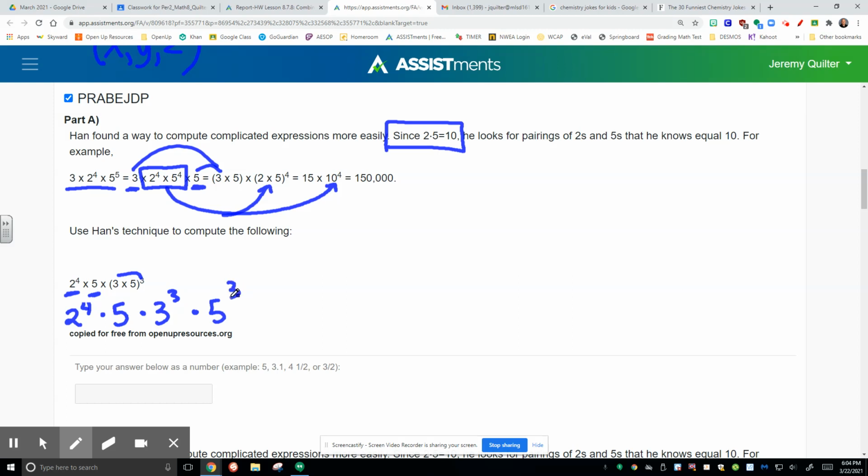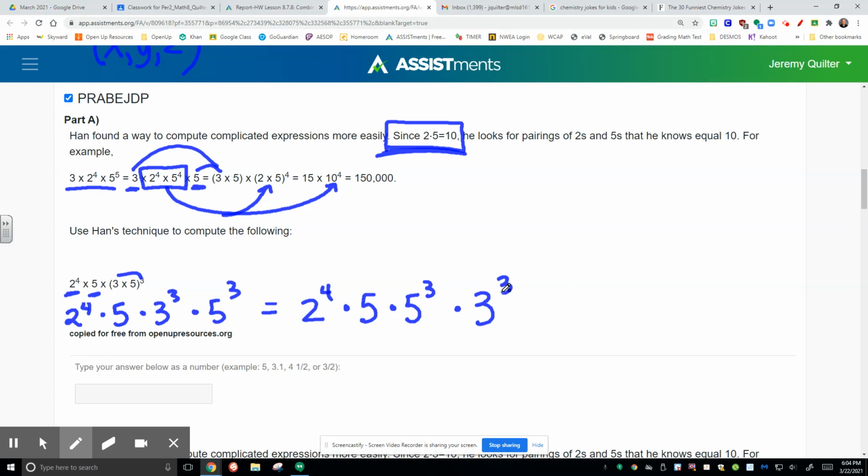And now by regrouping these together, we can actually find another way to work with this using Han's method. 2 times 5 is 10. So we see that this is 2 to the 4th power times 5 times 5 to the 3rd power times 3 to the 3rd power.